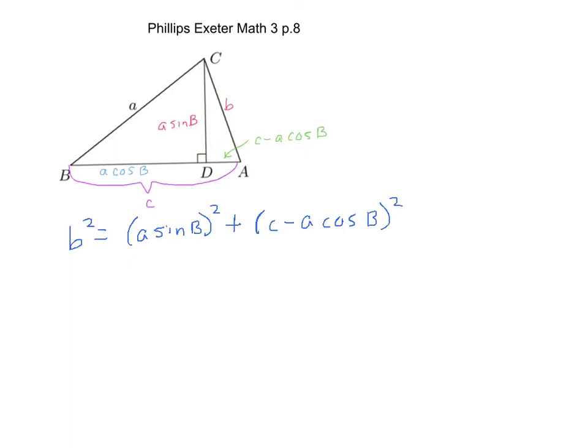And now hopefully you'll be okay with how I'm going to simplify these, because we did this yesterday on a warm-up, these types of problems. So this would be A squared sine squared B, right?